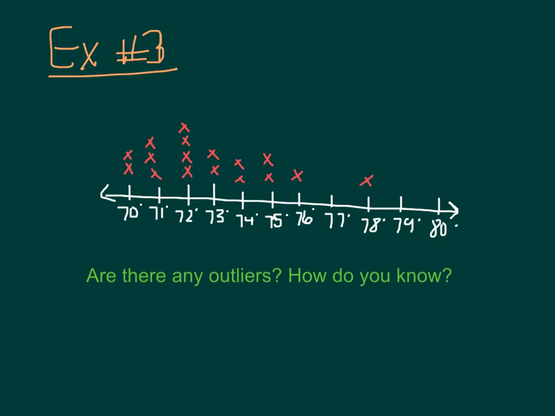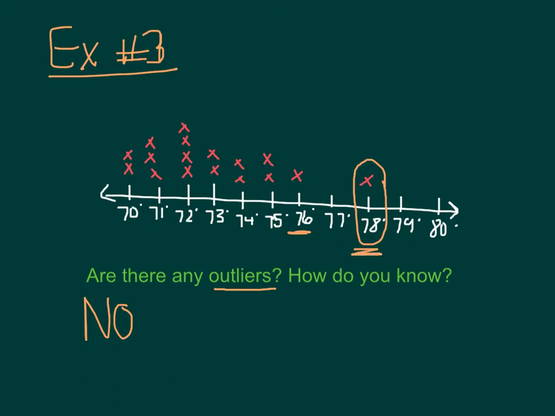Example number 3: are there any outliers and how do you know? Remember, outliers are going to be some kind of data that is pretty much just farther away from the other ones. That's an easy way to explain it. Even though 78 is kind of by itself out here and we might think that it's an outlier, it is actually not because it's not too far away.